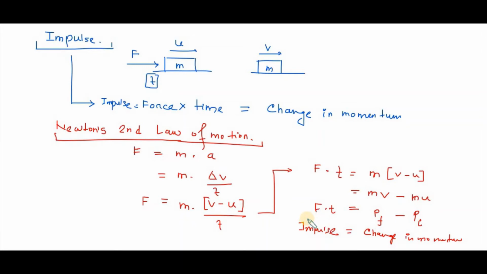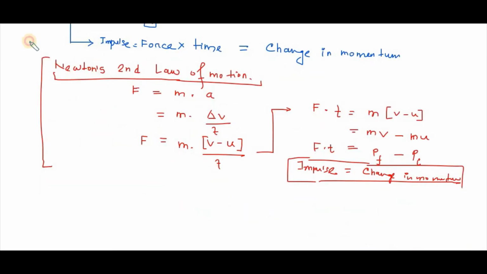So impulse is the same as change in momentum. We have got the idea of impulse from Newton's second law of motion, and that is the derivation behind it.